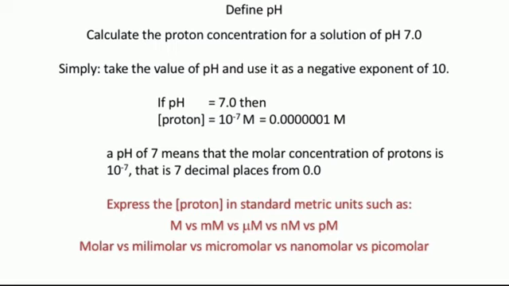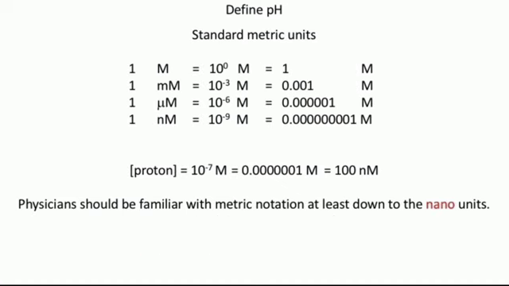I will be using the word nanomolar quite a bit. So will the physiologist. I won't require that you know picomolar or femtomolar, but that much metric you have to know. Just to be painfully clear on that, 1 molar would be 10 to the 0 molar.